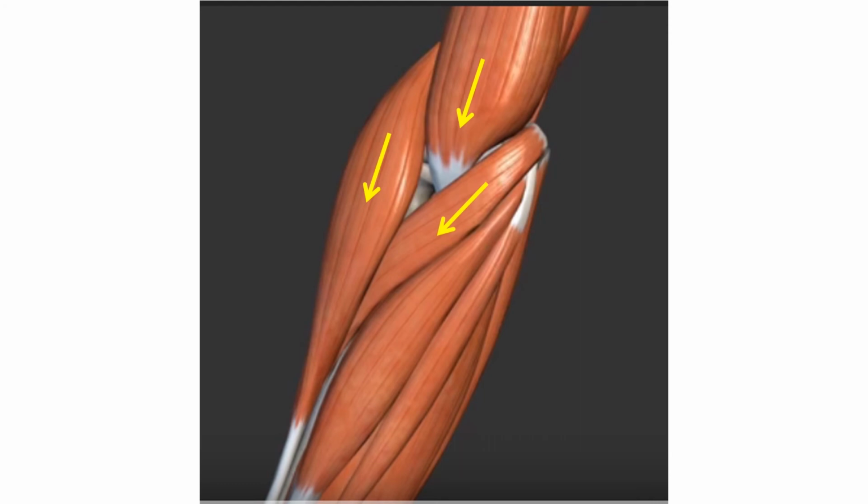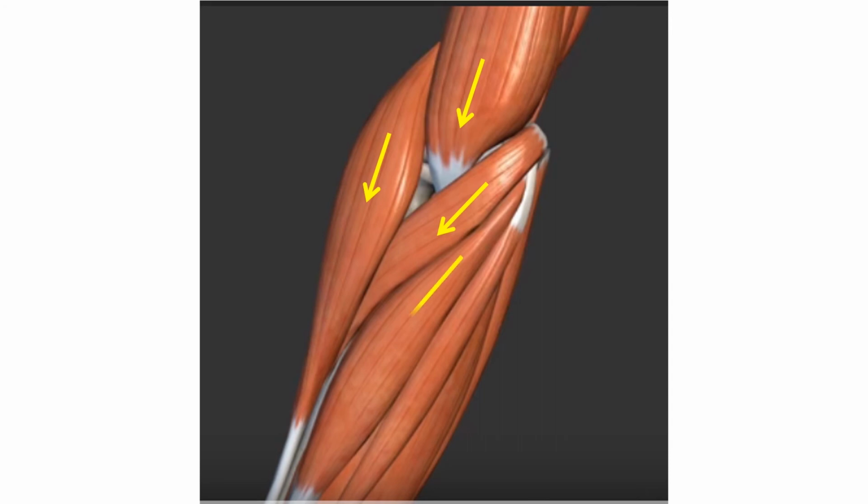It is the pronator teres coming from the medial side of the biceps brachii and then disappearing under the brachioradialis, going for the shaft of the radius.